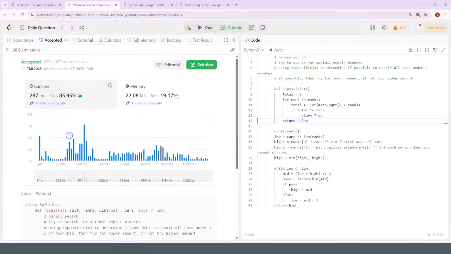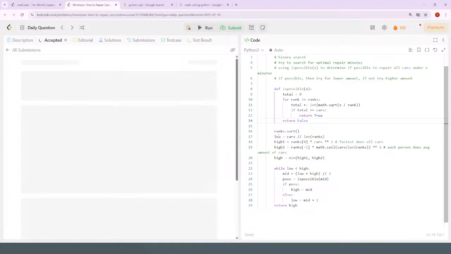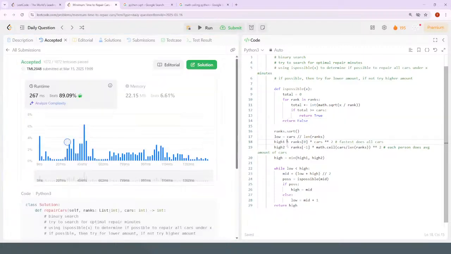How am I using more memory than other people for doing this? There's no way. Maybe I'm using high here, where then you put the cars.